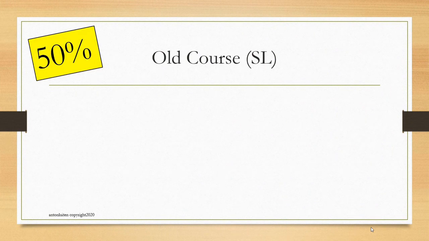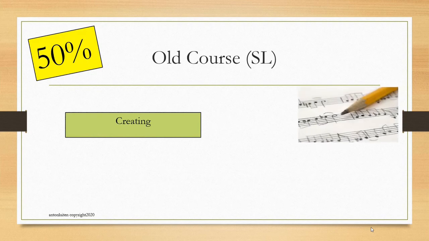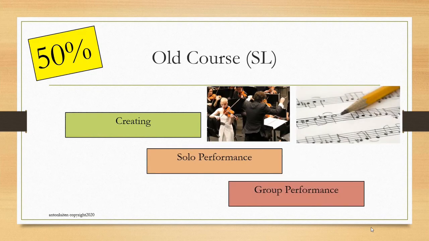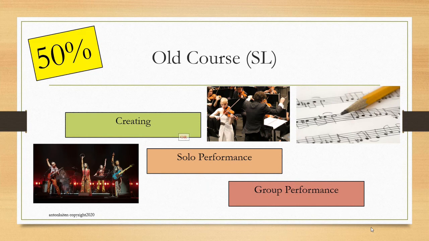For standard level students in the previous course, 50% of their total came from one of three options: creating, solo performance, or group performance. These options, formerly offered in isolation, now appear in an integrated fashion in the new curriculum.